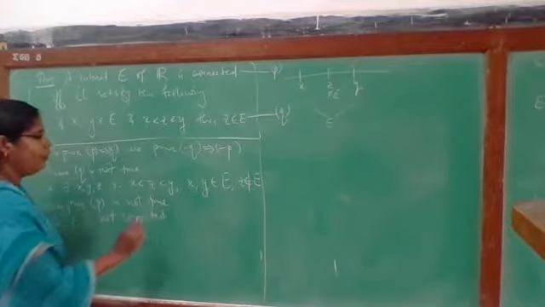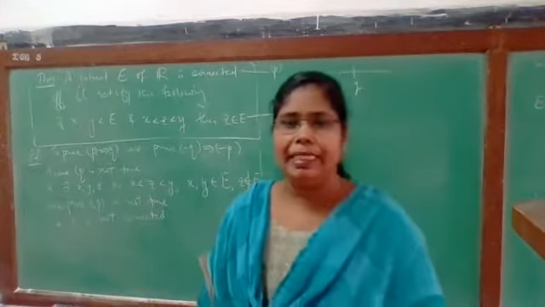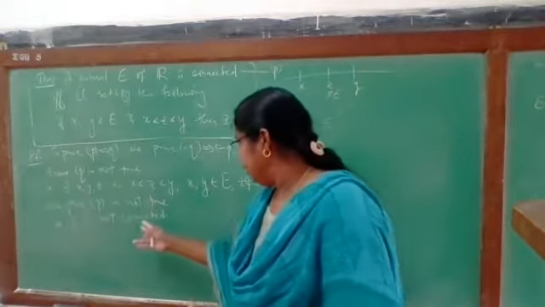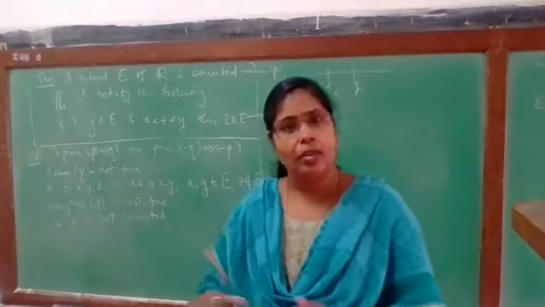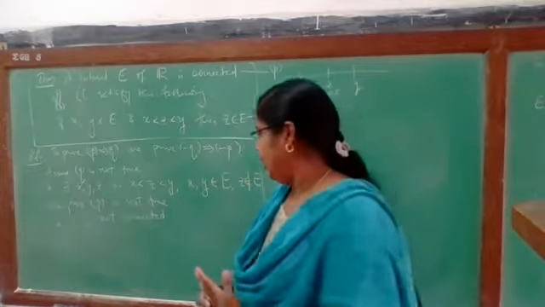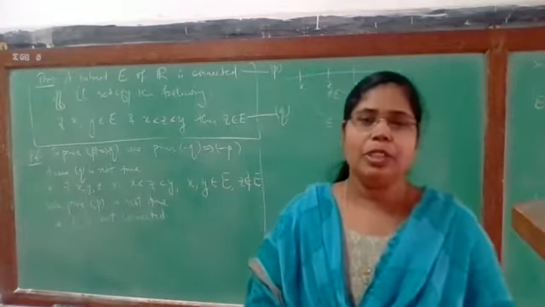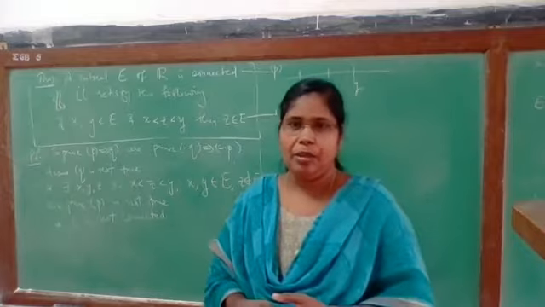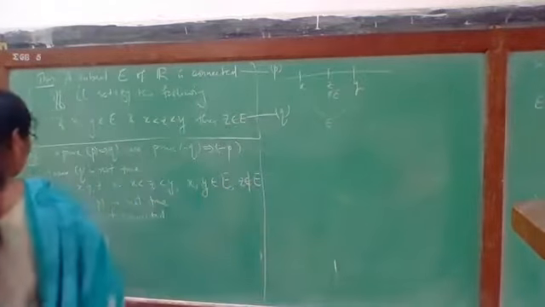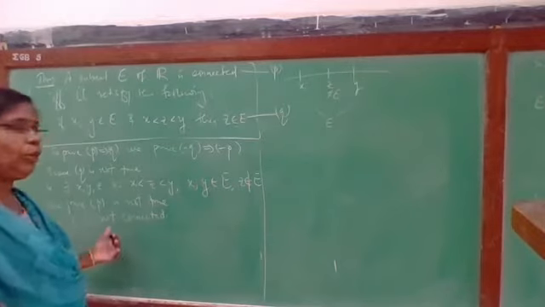Now how to prove E is not connected? It is easier to prove a set is not connected than to prove the set is connected, because in order to show the set is not connected, it is enough to get two separated subsets whose union is E. So this is the easy part. So E is not connected, that we want to establish.